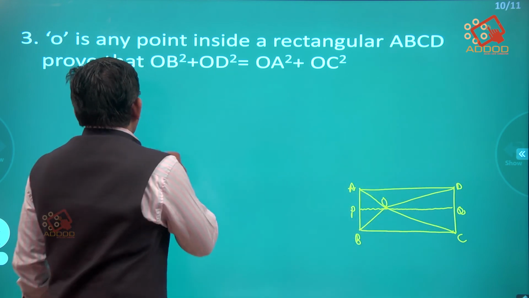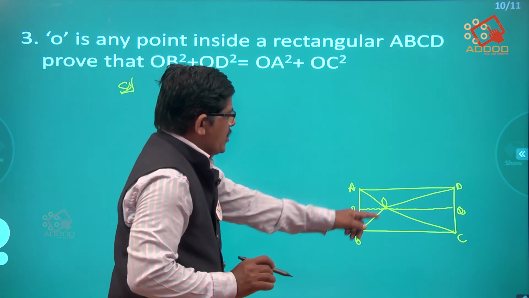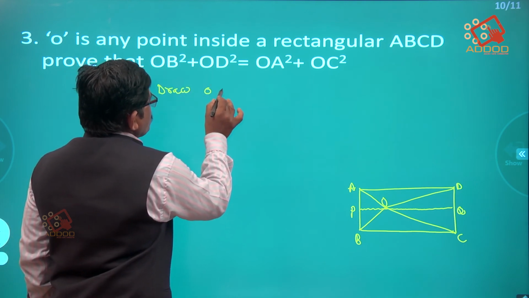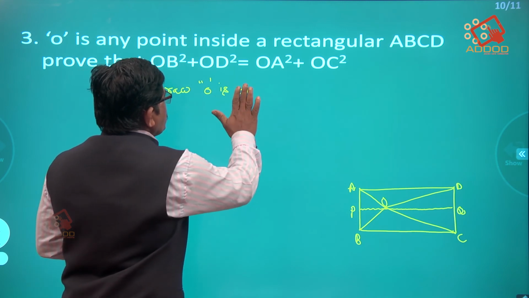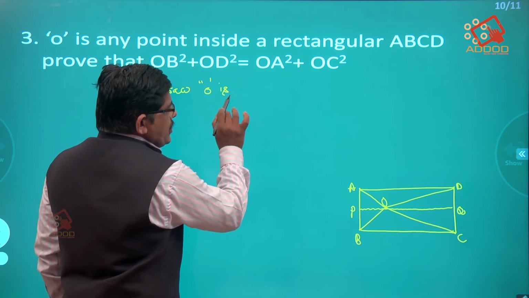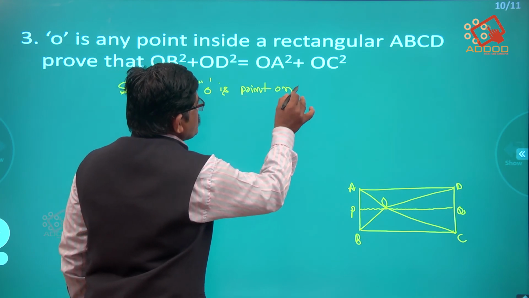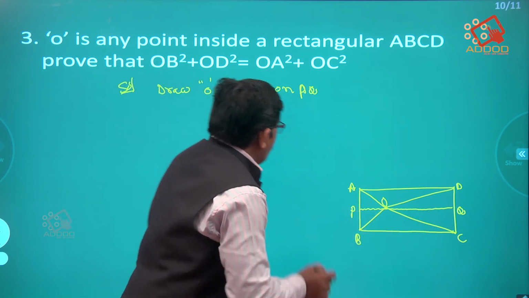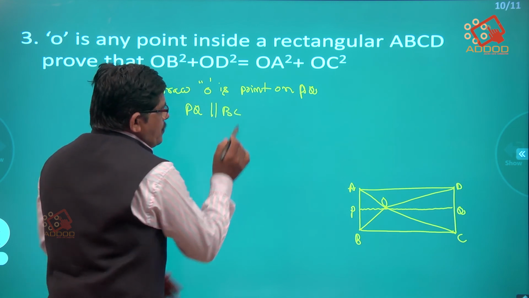Now write here, O is a point on PQ. PQ is parallel to BC, and PQ is a line.